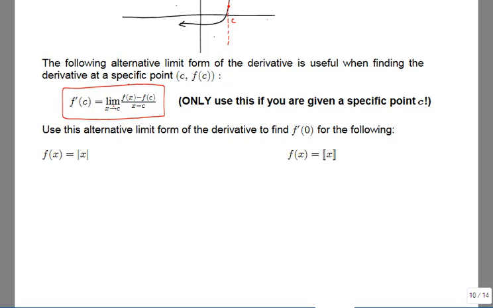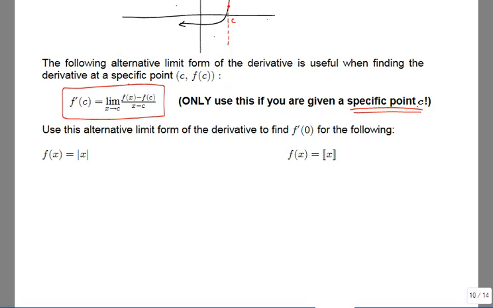So we're taking the limits of these secant slopes as our x gets closer and closer to c. So when you take that limit, these secant slopes turn into your tangent slope. So this is a very useful, sometimes easier formula to use. The downside is that it's only good for finding the derivative at a specific point c.